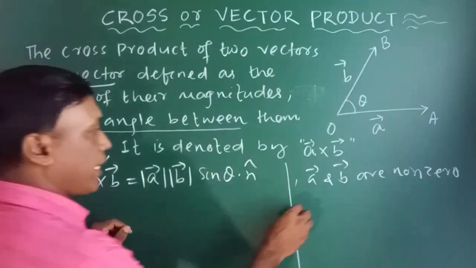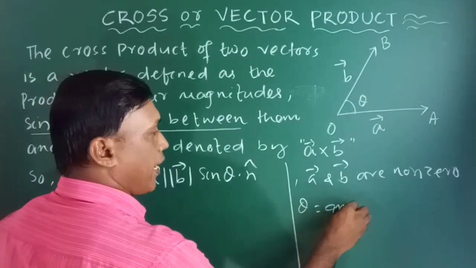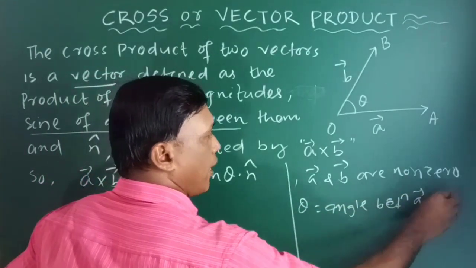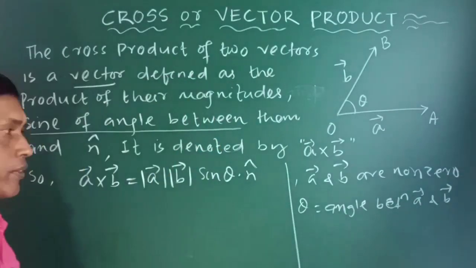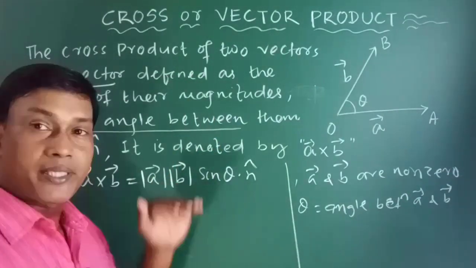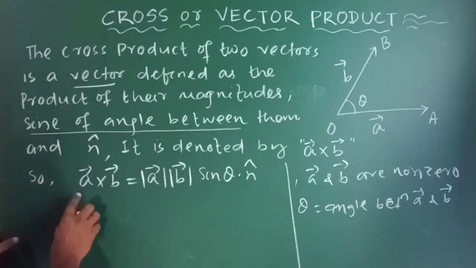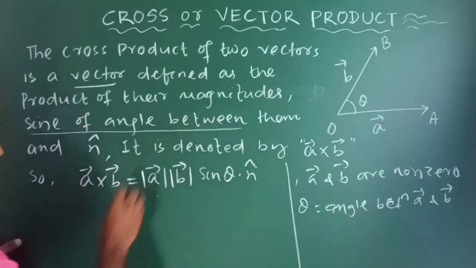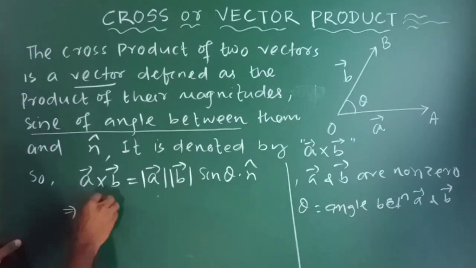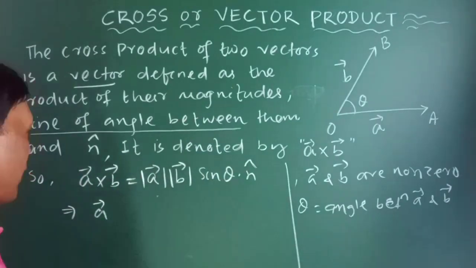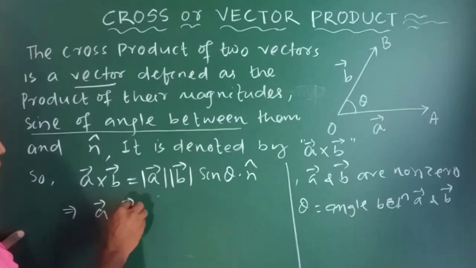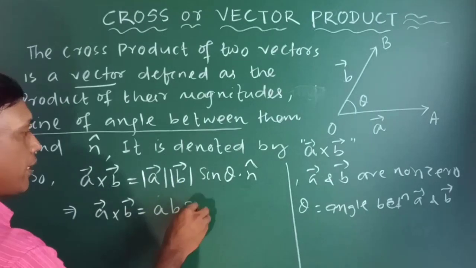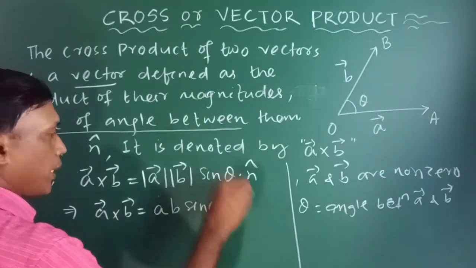Here theta is the angle between A vector and B vector, and n cap, I will explain what n cap is. Look here, A cross B is equal to magnitude of A into magnitude of B into sine theta into n cap, and this is a vector quantity: A cross B vector equals A, B, sine theta, n cap, where A is the magnitude of A and B is the magnitude of B.